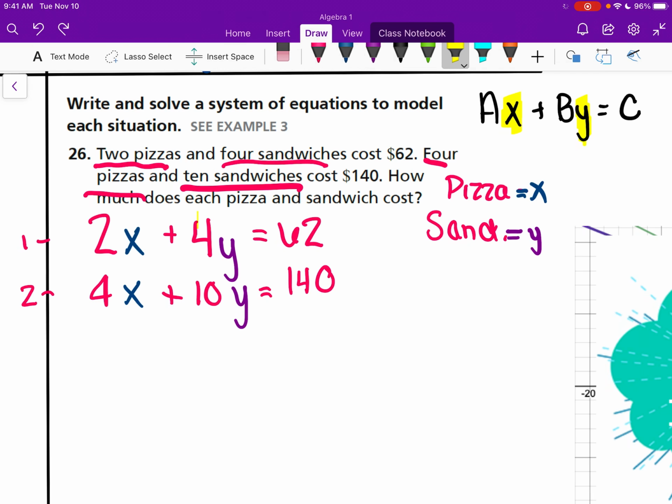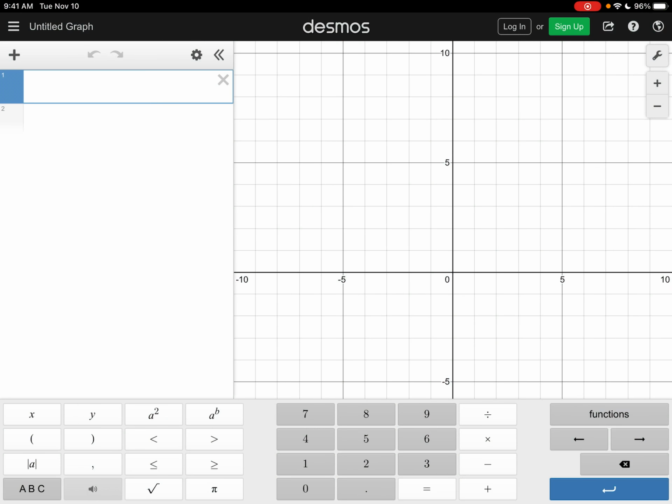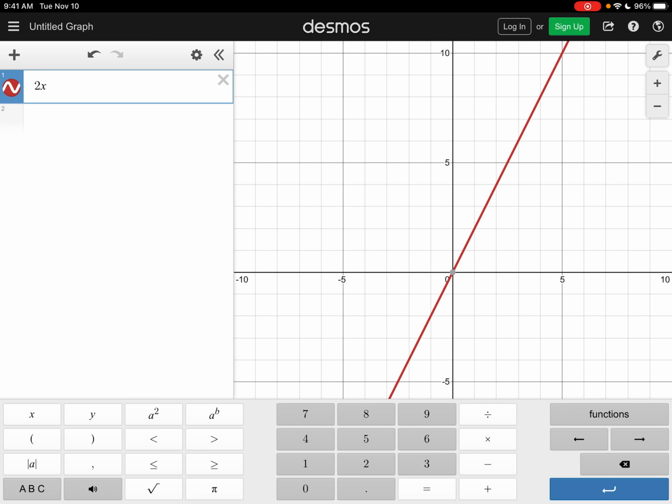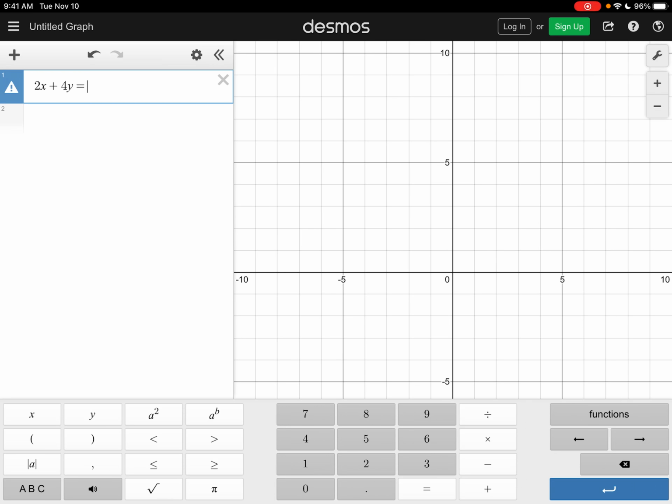So I'm going to go to Desmos, and I want to graph these two equations. So we want to graph 2x plus 4y equals how much? 62.